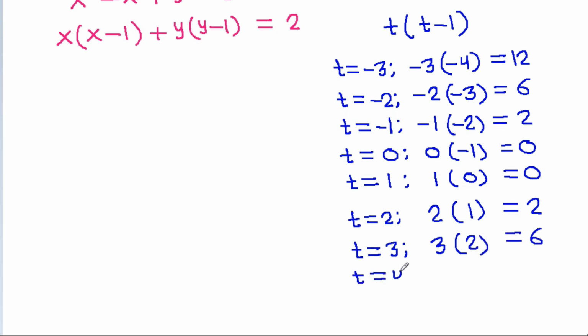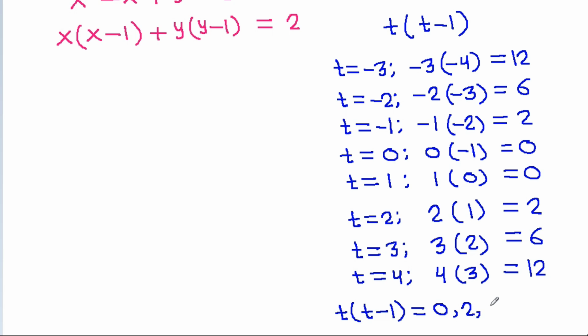At t is equal to 4, it is 4 times 3, that is 12. So, t times t minus 1, it can be 0, 2, 6, 12, and so on.